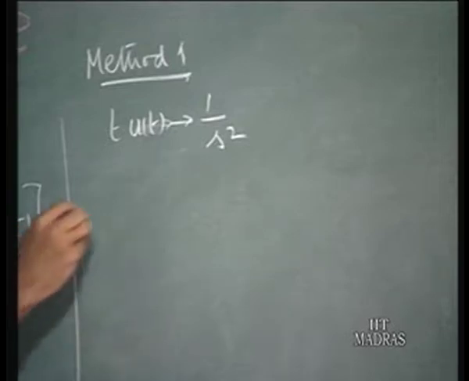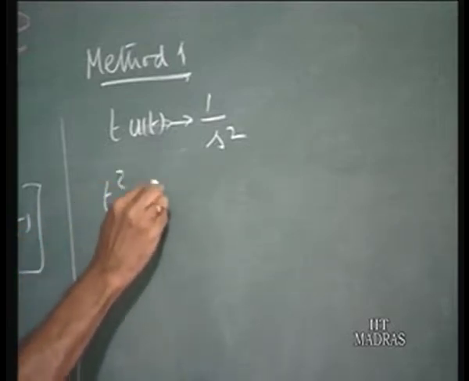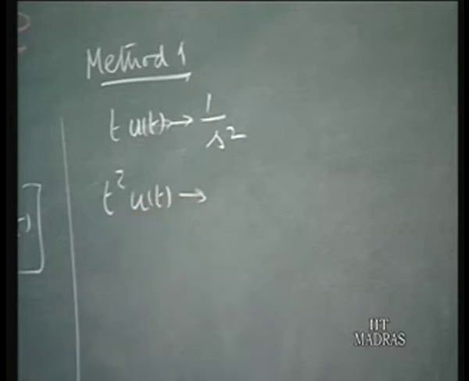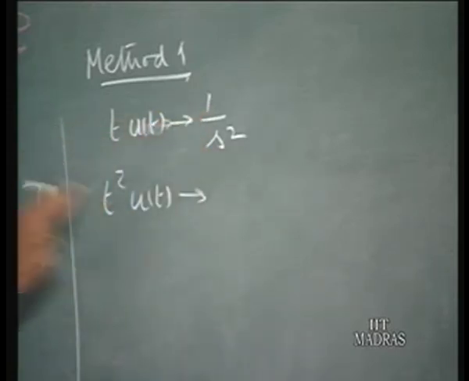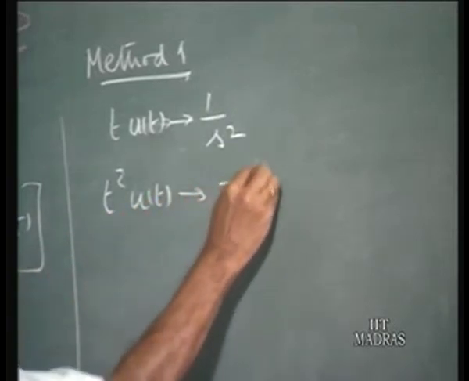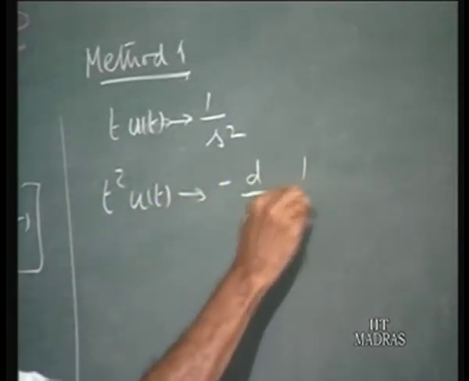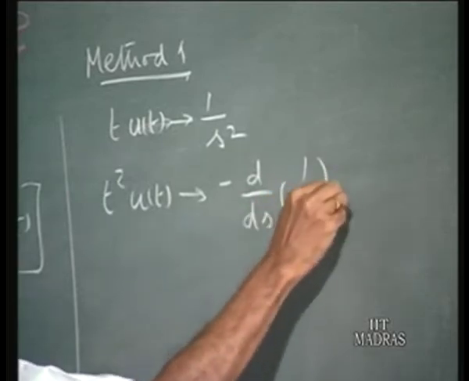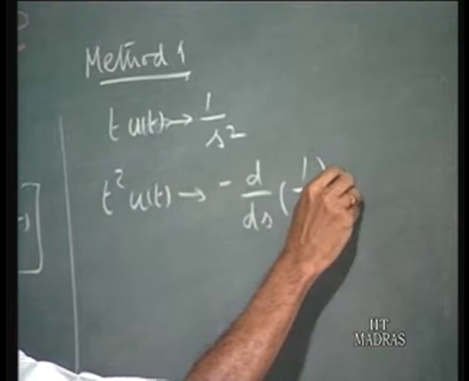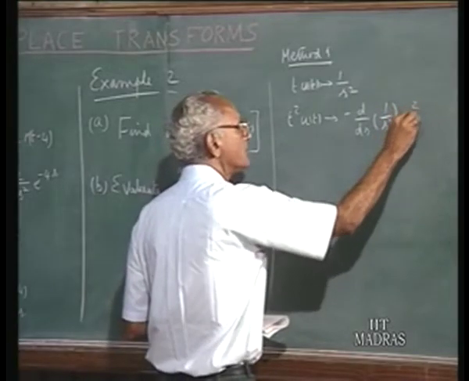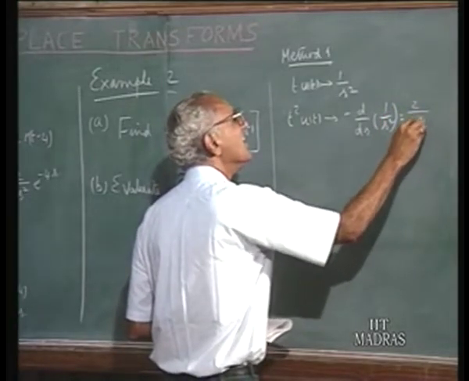T squared u(t) is minus d by ds of 1 over s squared, because this is multiplied by t. Multiplication by t in the time domain corresponds to the negative of the derivative in the s domain. So, minus d by ds of 1 over s squared, which of course is 2 upon s cubed.